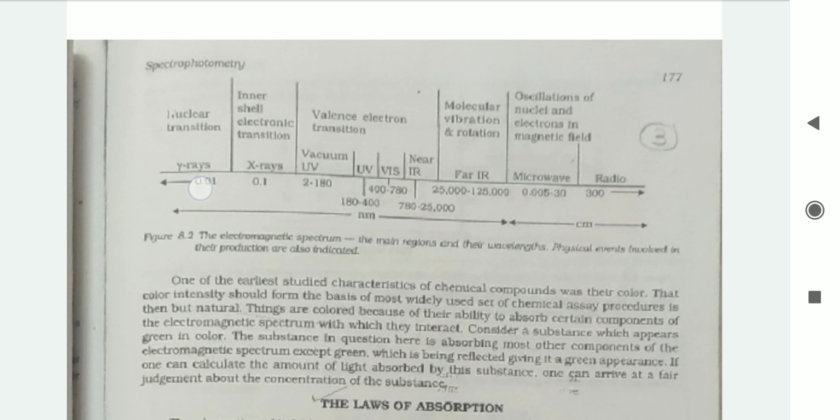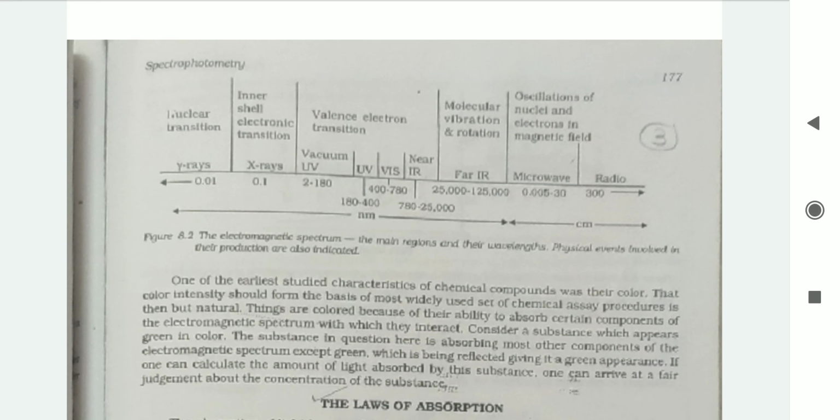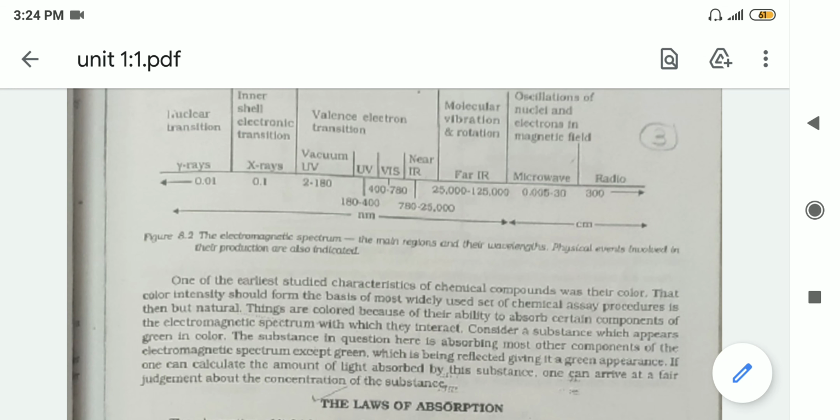So you can see that all the light from the electromagnetic spectrum is used by us in some way. Gamma rays and X-rays are used for cancer treatment. X-rays are used for diagnostic purposes to find fractures in bones, etc. UV light is used for detecting concentrations of UV absorbing substances in any solutions.